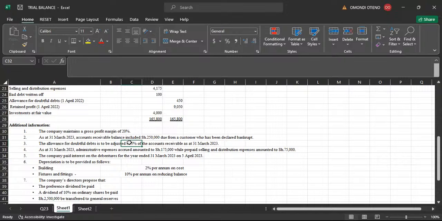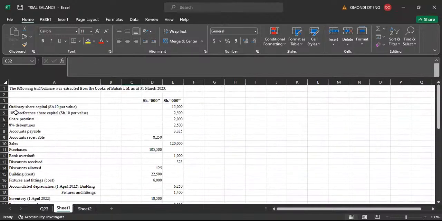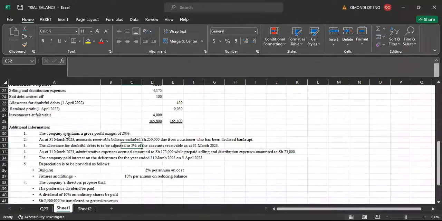The depreciation is to be provided as follows: 2% per annum on cost. Then fixtures and fittings, 10% per annum on reducing balance basis. The company's directors propose that the preference dividends be paid. The preference dividends, remember, they are supposed to get a fixed dividend amount, a fixed rate. And you're able to see here that it is 10% preference share capital. So 10% of the preference share capital value is what will give us the dividend amount.